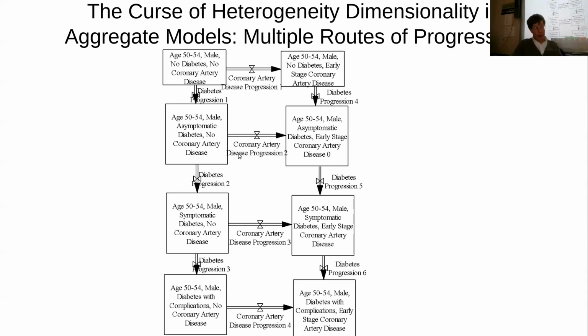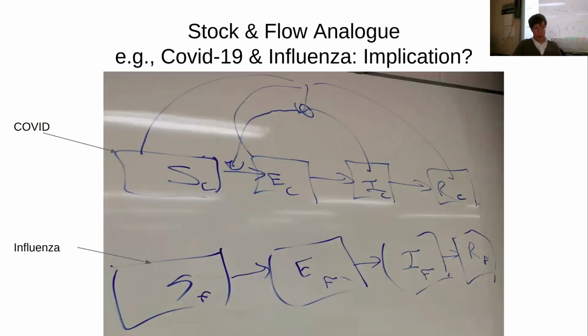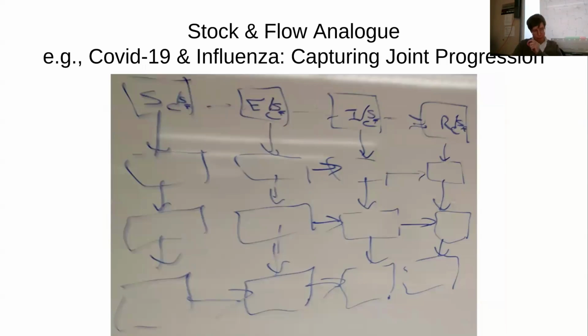The point is that this need to characterize two or more conditions within a stock and flow model is, again, multiplicative in its impact on model size, not additive. But what's perhaps more of a deeper issue beyond the memory footprint and the running time, which are affected in a big way, but often those are less bottlenecks for aggregate models because they're already pretty quick.